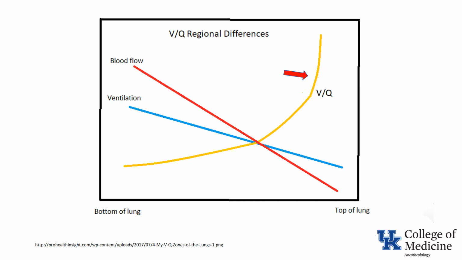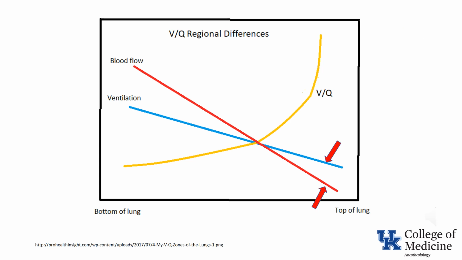Arguably, the most interesting part of this graph is the yellow line, which represents the VQ ratio. Notice that at the base of the lung, perfusion, indicated by the red line, exceeds ventilation, indicated by the blue line. This results in a VQ ratio that is less than 1.